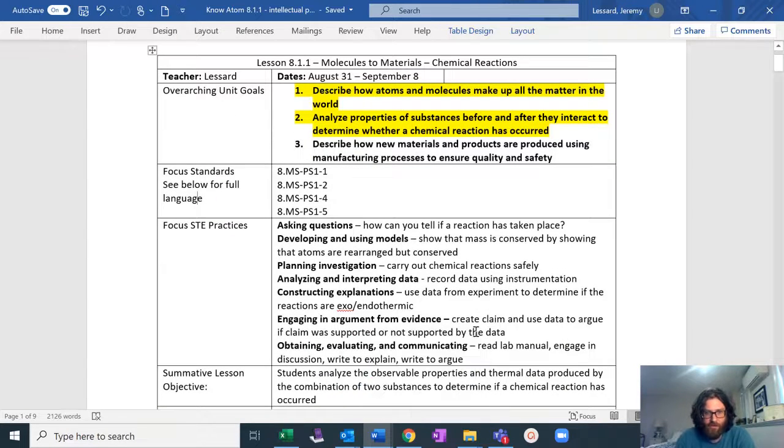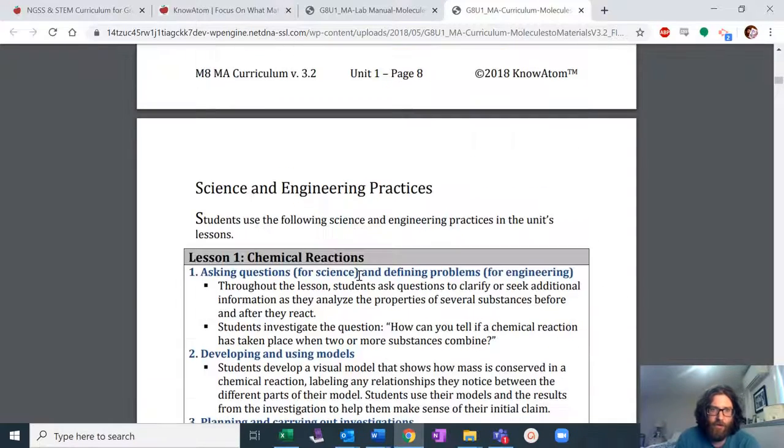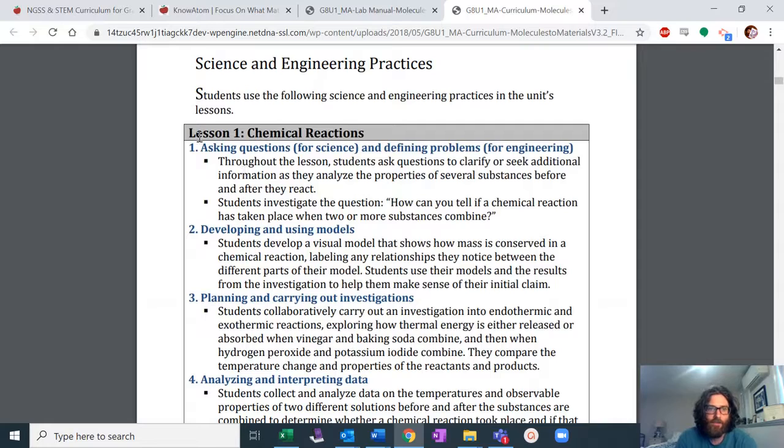There's also the science and engineering practices, which again are listed here. And in lesson 1, they tell you all the ones that you're going to use, and they tell you how you're going to use them. So I just went ahead and listed them and gave a little short description of what they're basically going to do. So for developing and using models, they're going to make a visual model that shows the law of conservation of mass.